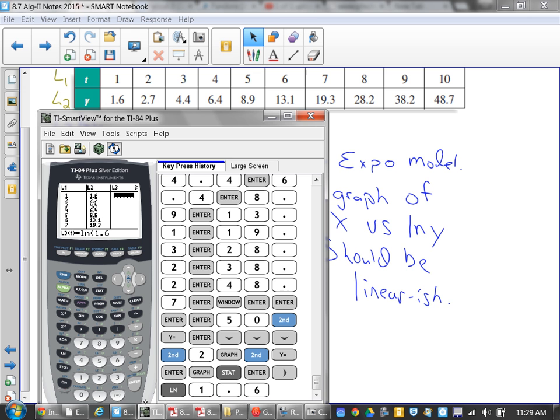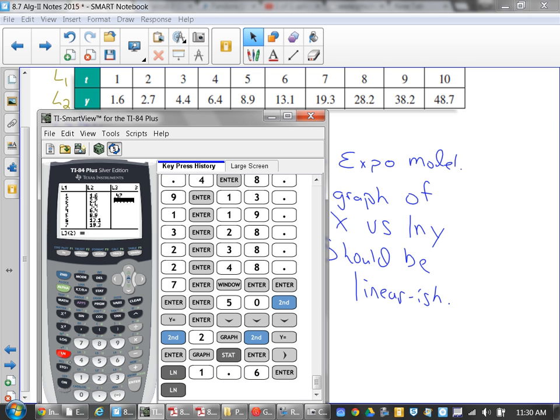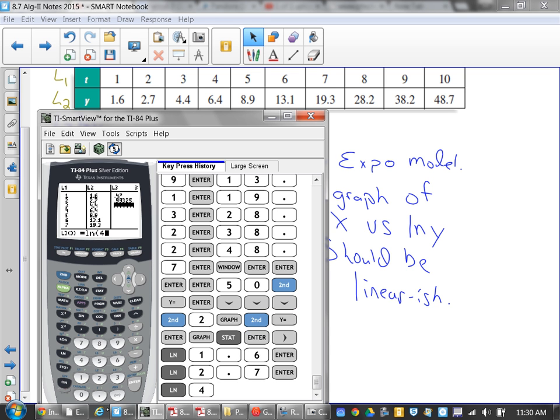It's the button beneath log. Hit enter, and it's going to calculate the natural log of everything in L2. Natural log, what's the next one? 2.7? Yeah. Natural log 4.4.